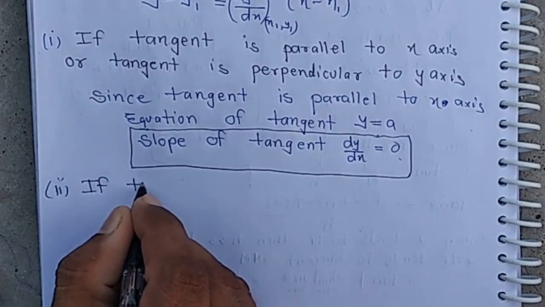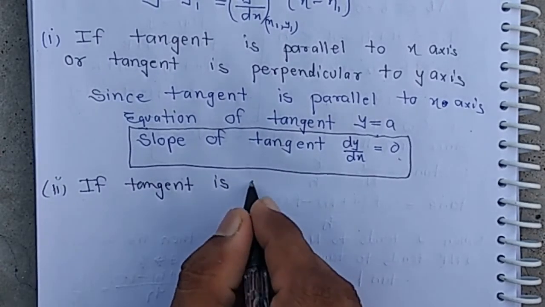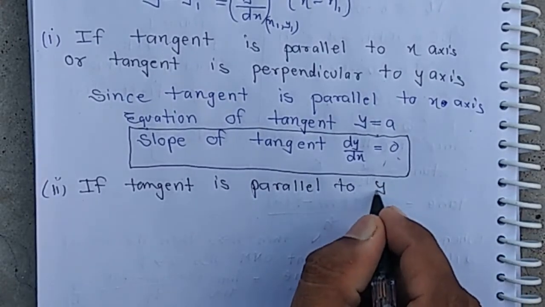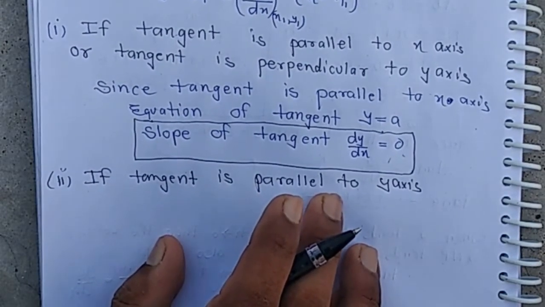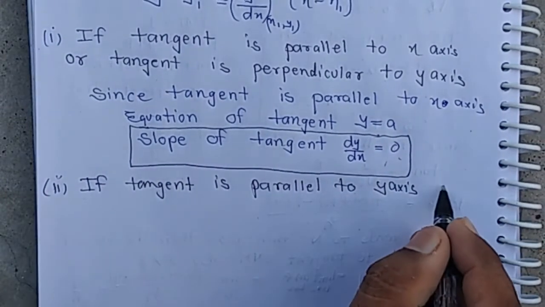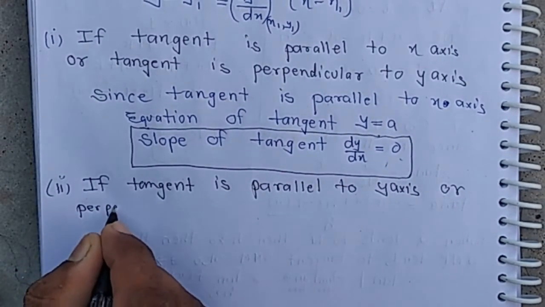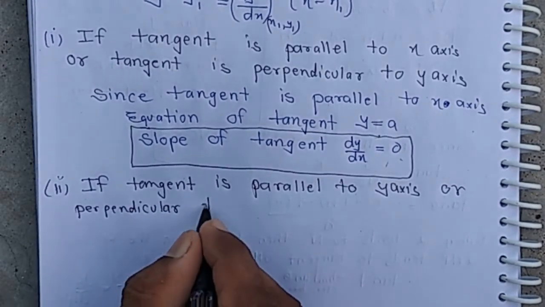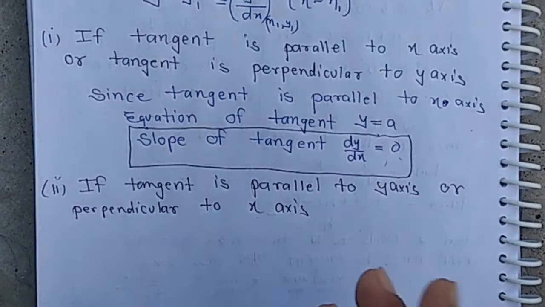If the tangent is parallel to the y-axis or perpendicular to the x-axis. Parallel to the y-axis means perpendicular to the x-axis.